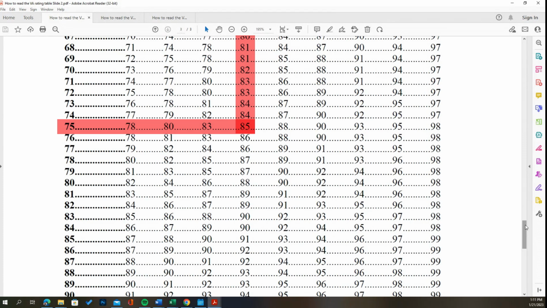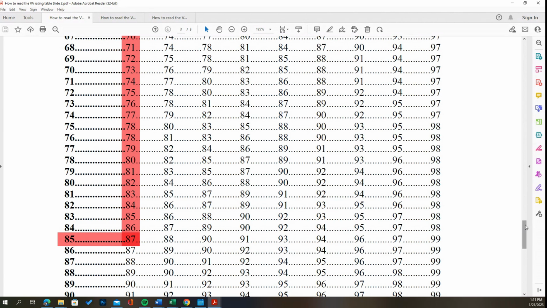Now we have to take that 85 and come back over to the left side. You see the 85% on the left, and we got 10% for tinnitus. Remember that? It brings us over to the first column, which is 87%.